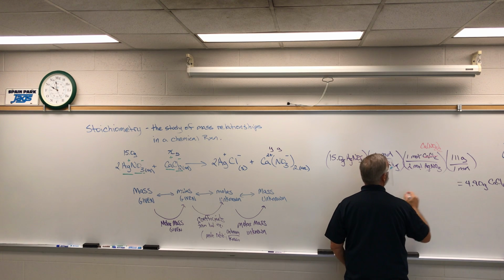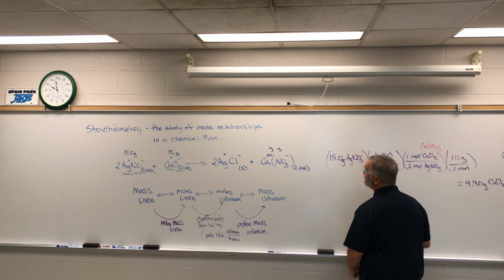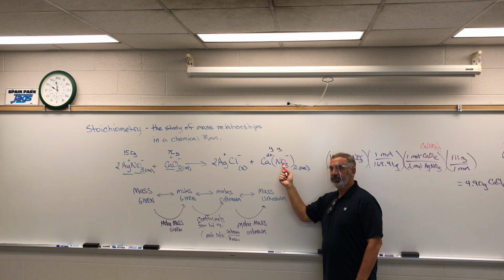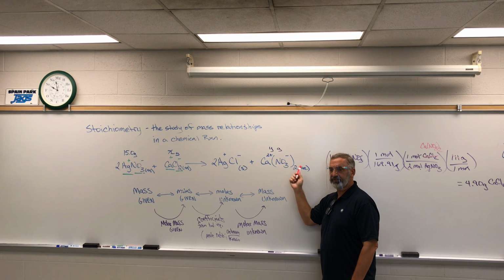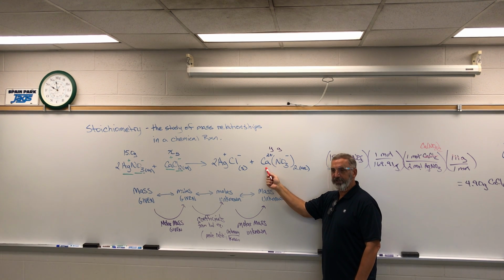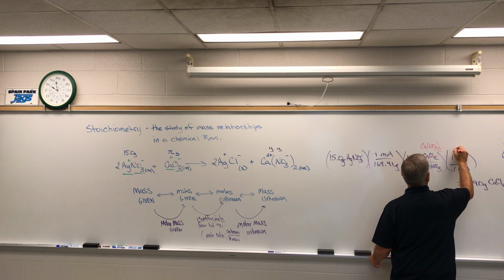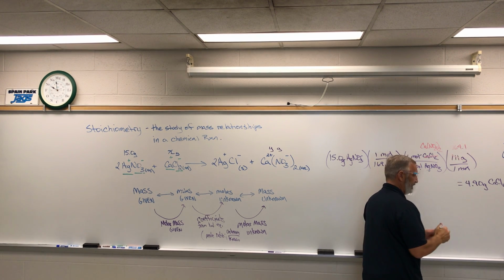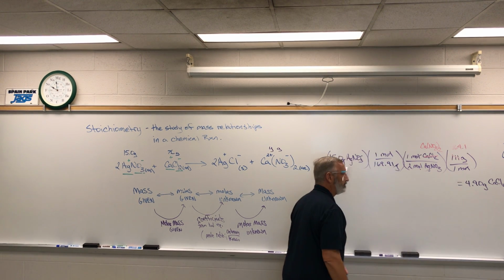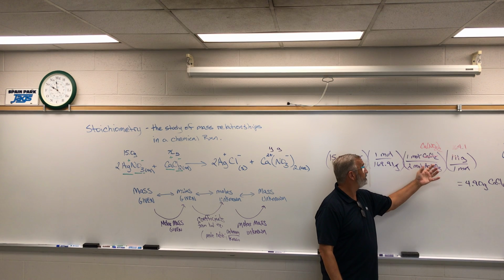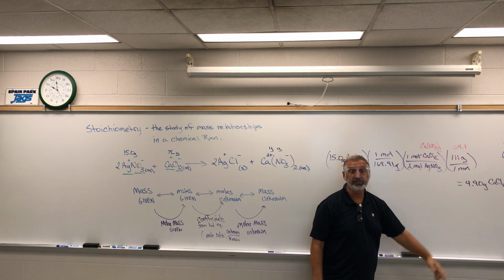And then I'm going to have to multiply by the molar mass of the calcium nitrate, which is 48 and 14 is 62. 62 times 2 is 124. 124 and 40 is equal to 164.1. Okay? So 164.1.